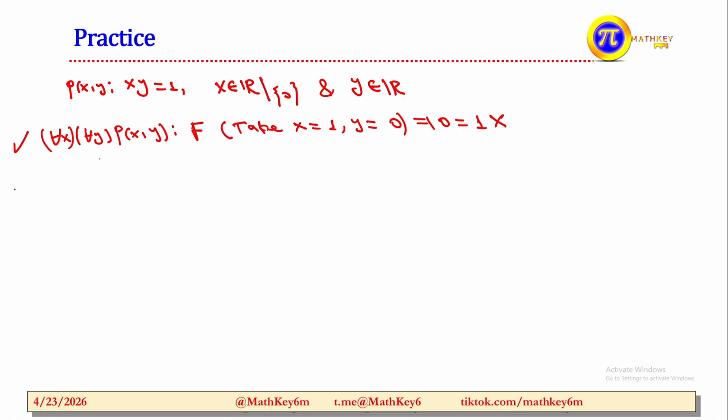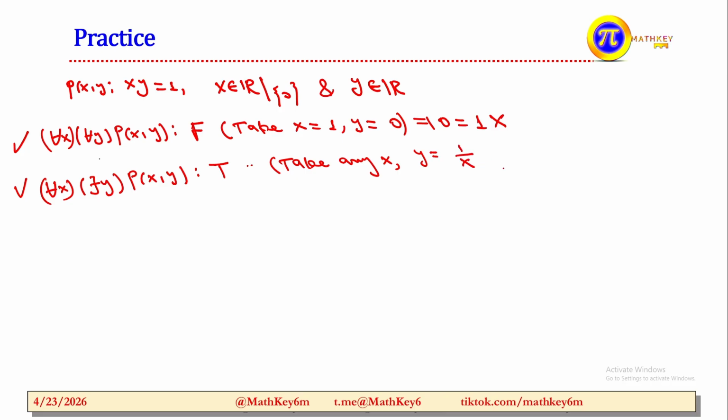The second case says for all x, there exists at least one y that satisfies the property P of xy. Is it true or false? You can take any x and find the corresponding y. This is why it is true. Take any x. Then y is equal to 1 over x.